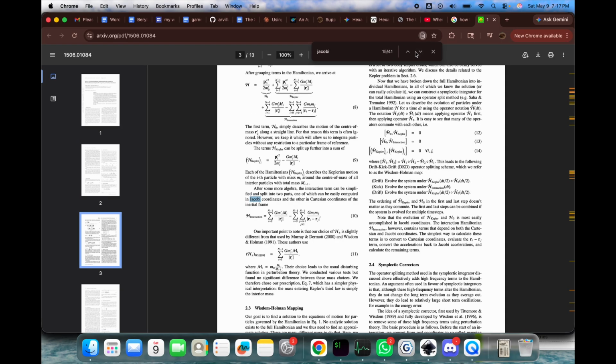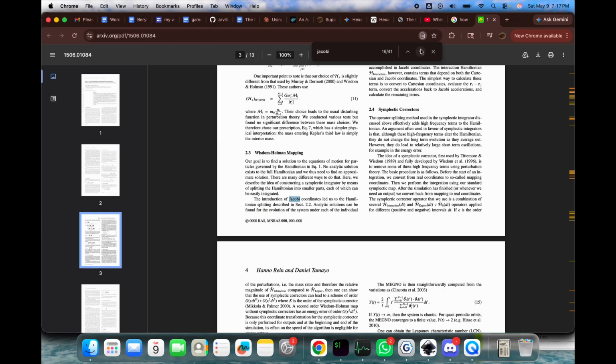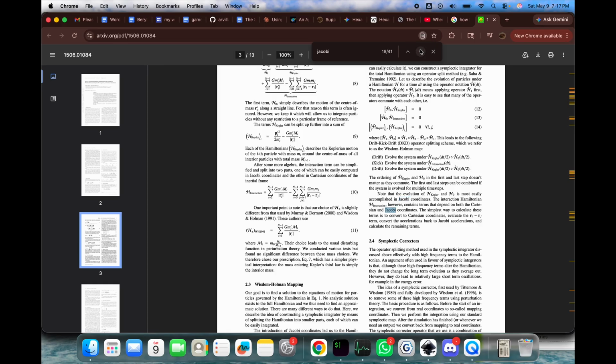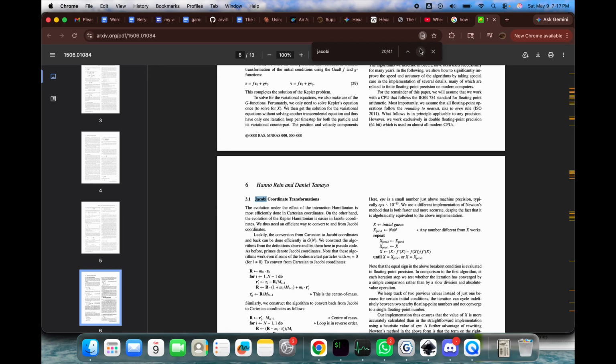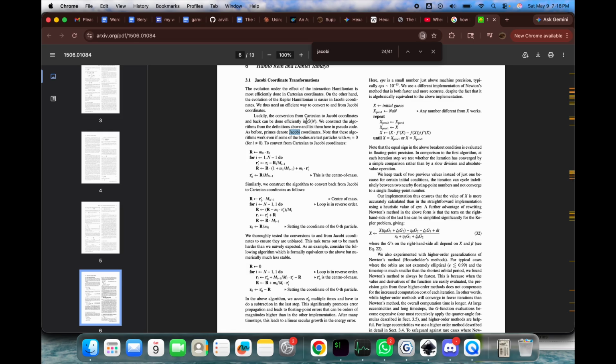I don't care about the actual WHFast code for now. Jacobi coordinate transformations.